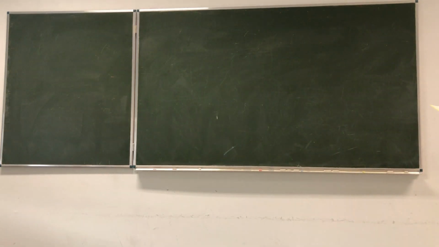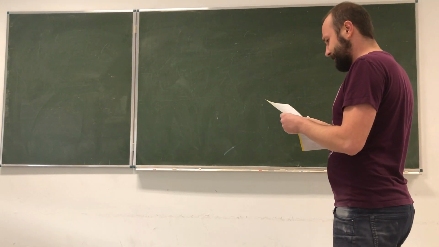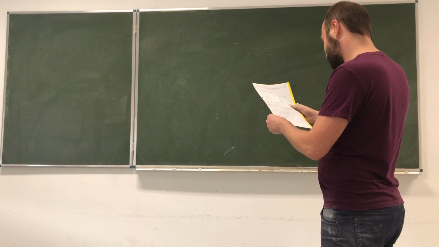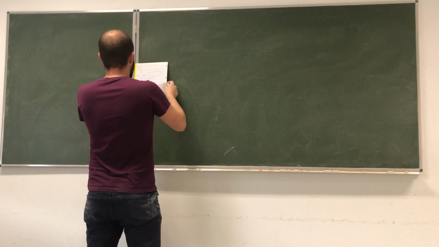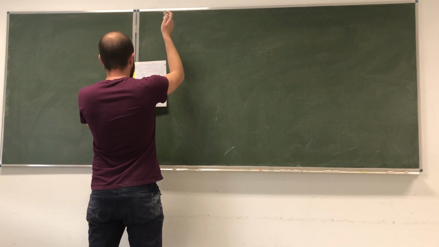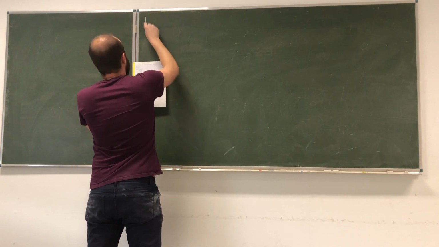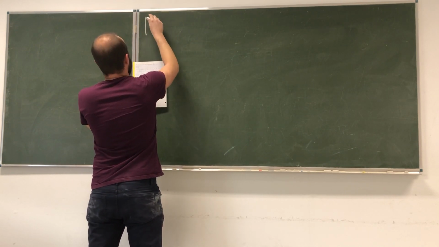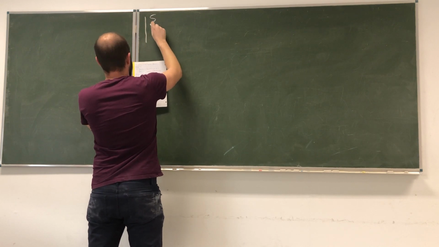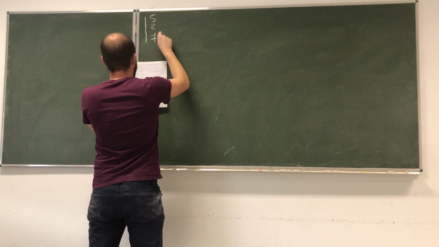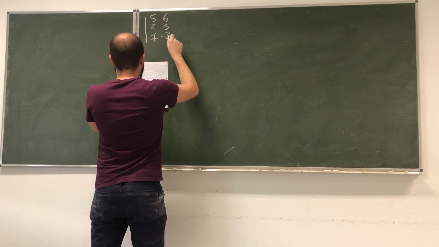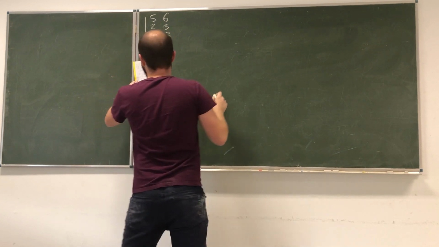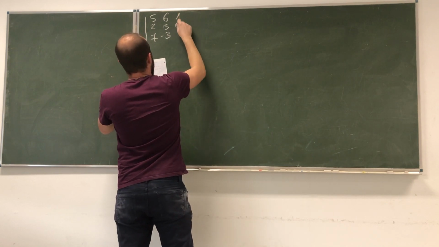Okay, so let's start. Let's have an example. Let's just say that now we've got 5, 2, 7, 6, 3, -3, and 1, all.